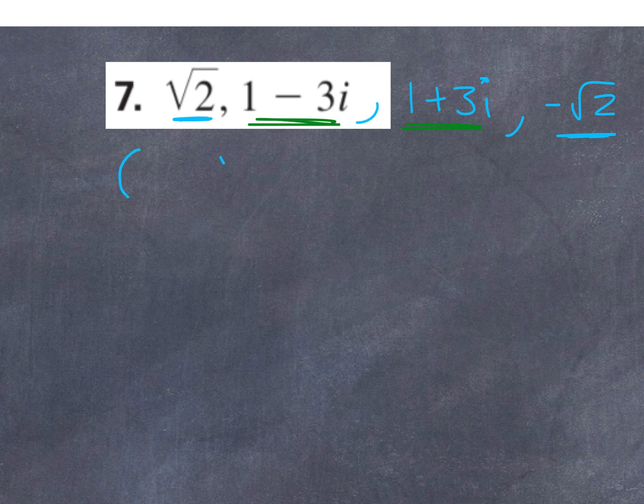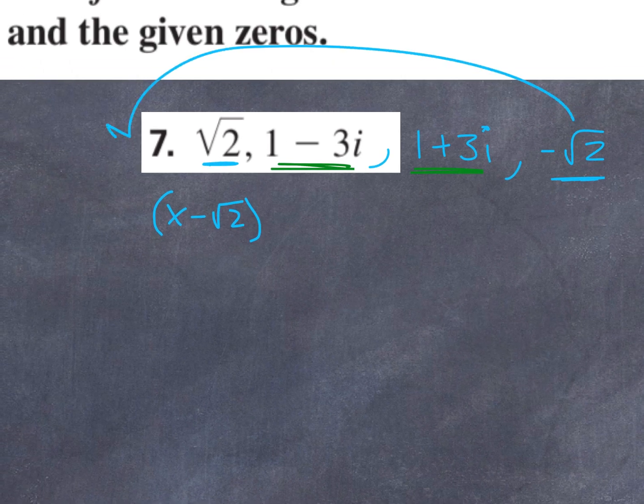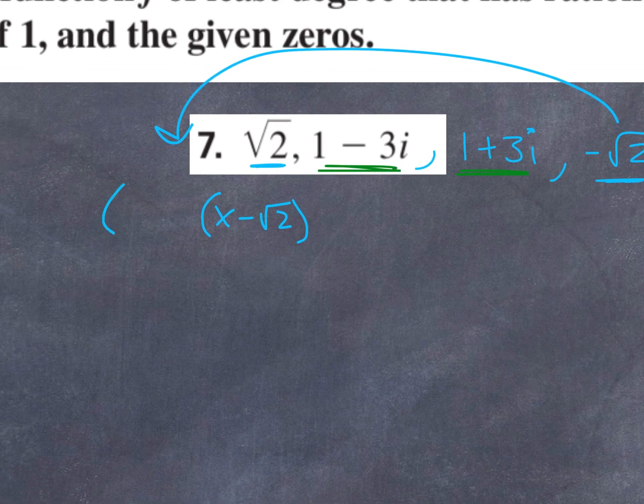So when we put this in factored form, remember it's always x minus. So x minus square root 2. I'm going to write this one over here just to keep them together. So this one would be x plus square root 2. Everybody sees what I did there? Yes or no?